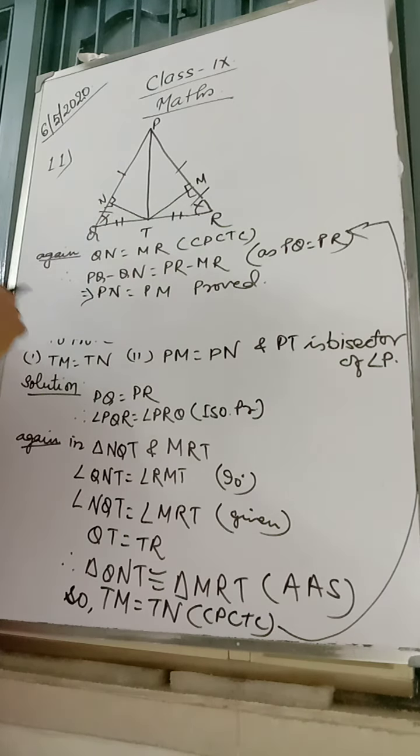This is what is given to us. To prove: angle PSR is to angle QPS is equal to 1:3.